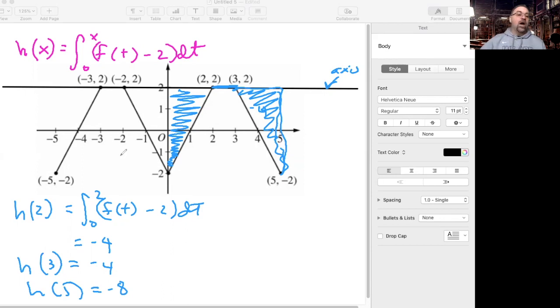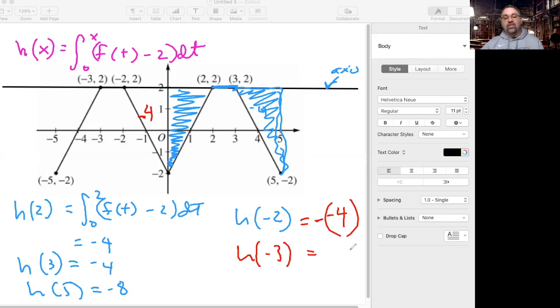Going the other direction, what's h of -2 going to look like? Well, this triangle down over here still has an area of 4. But remember, when we go from right to left, the signs change. So that's the negative of -4, because it's -4 but we're going backwards. So you get +4. H of -3, again, we have that flat line right there, so there's no area added.